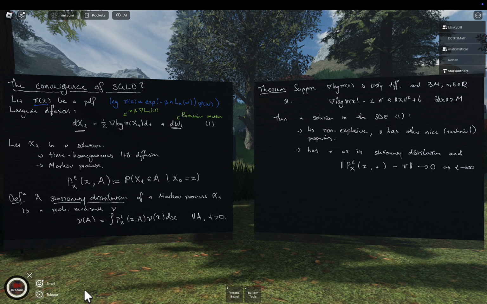This should be for all starting points x, where this thing here is the total variation norm. So the supremum over all measurable sets A of this thing.